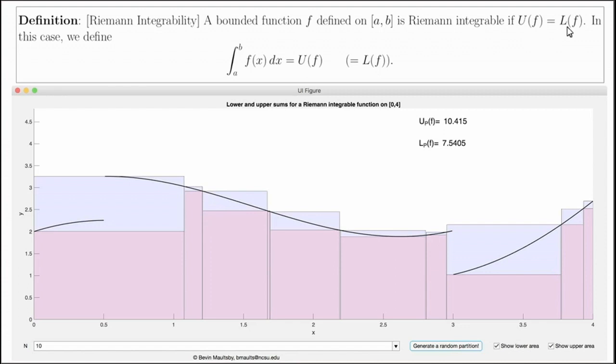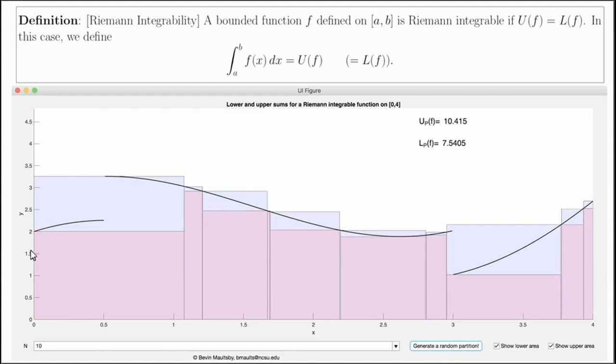Then we can say that f has a true area under the curve, and that's how we define the Riemann integral. So you could say the integral of f from A to B is the upper integral of f, or equivalently, the lower integral of f, since those two numbers are the same for a Riemann integrable function.